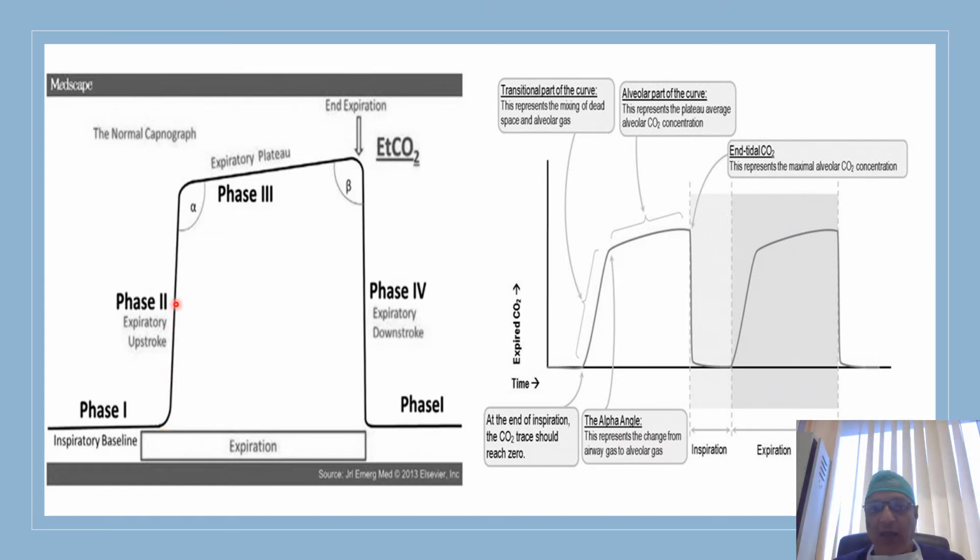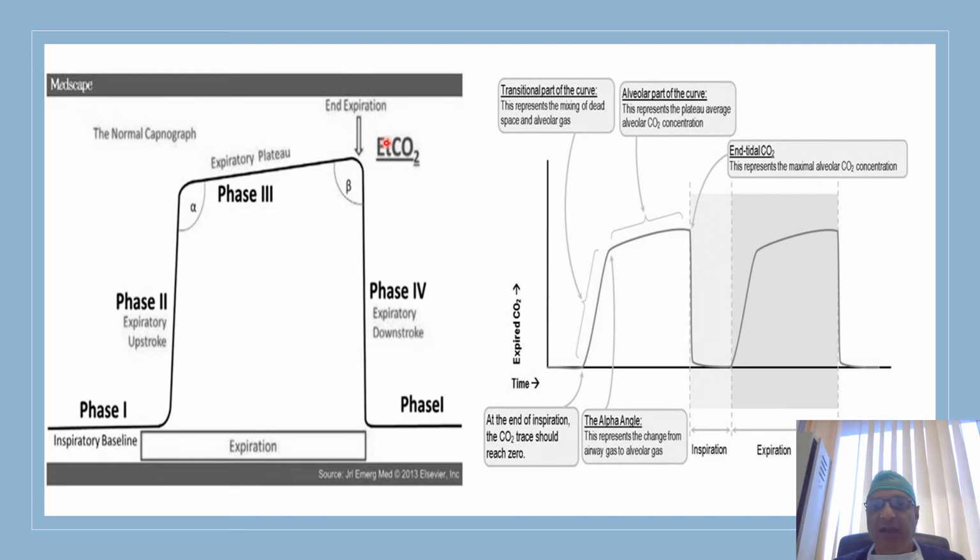In phase 2, the expiratory upstroke, there is a sudden rise in the CO2 concentration because of the exhalation of dead space gases mixed with alveolar gases. In phase 3, or expiratory plateau, the exhalation of alveolar gases occurs, and phase 4 is the expiratory downstroke, or the beginning of the next inspiration.